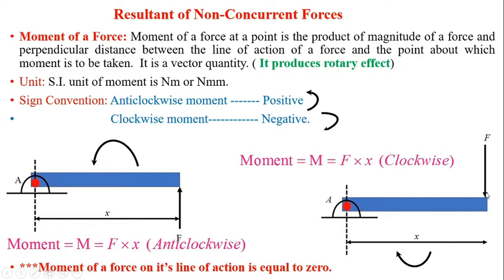Now, you can imagine that if you apply force like this, the rod will rotate in clockwise direction about point A. So, this moment is a clockwise moment. Here you can write minus F into x because this is a clockwise moment, or you can write F into x with clockwise in brackets. If you write clockwise in the bracket, you do not have to put a negative sign for this quantity.